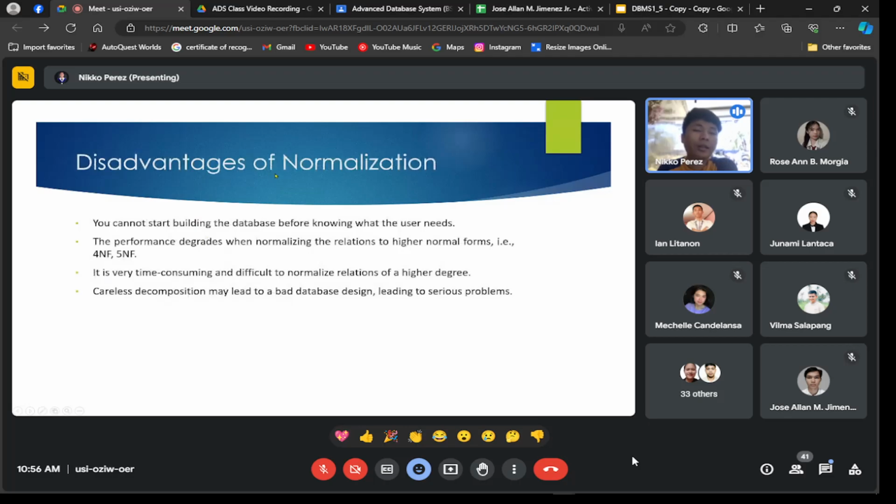And for the disadvantages, once there are pros, there are always cons. You cannot start building a database before knowing what the user needs. So we cannot actually establish our database if you have no idea how to start.